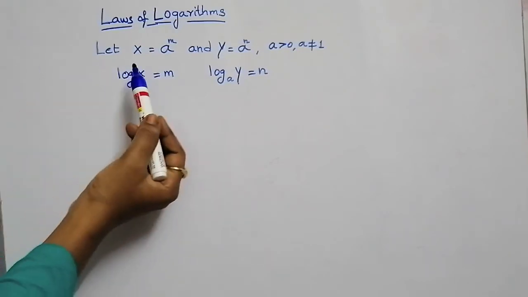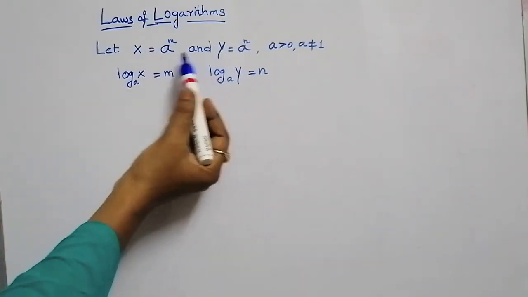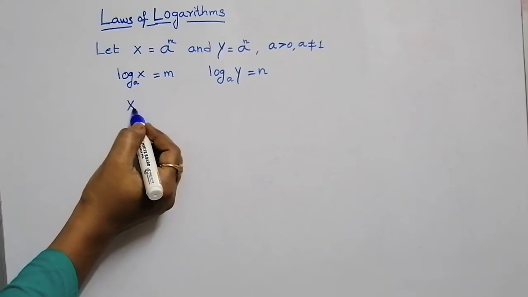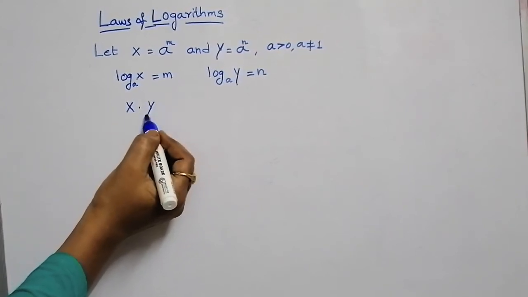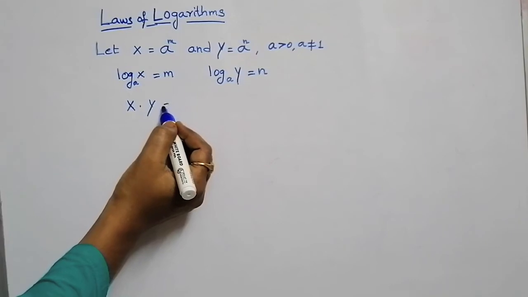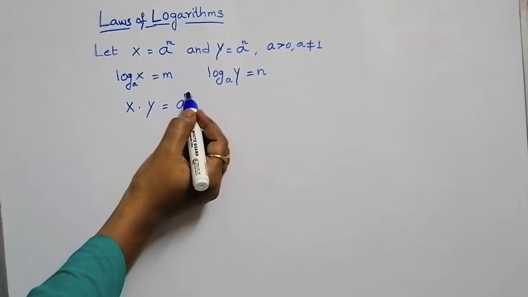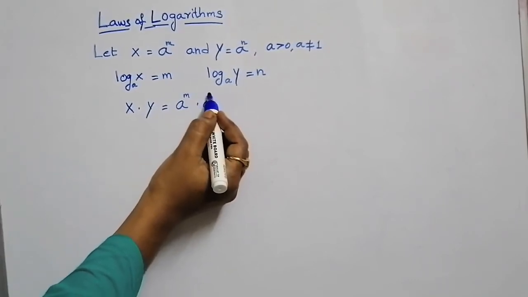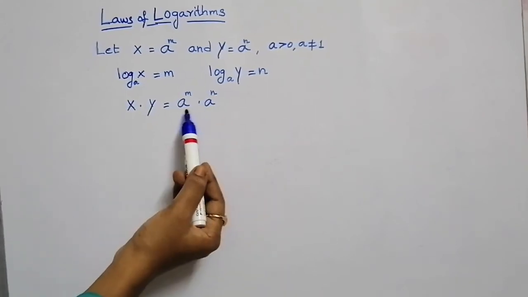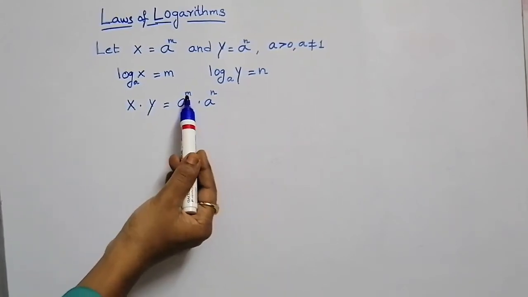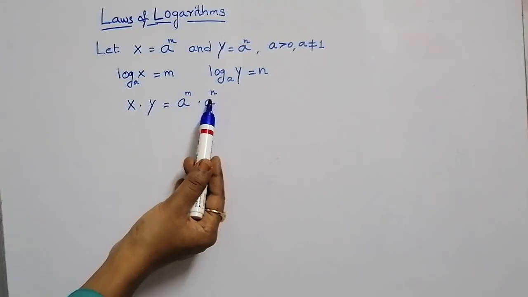Let us multiply these two equations, x into y. Here the dot means multiplication. x into y is equal to a power m into a power n. If you observe here, it is in the form of a power m into a power n.